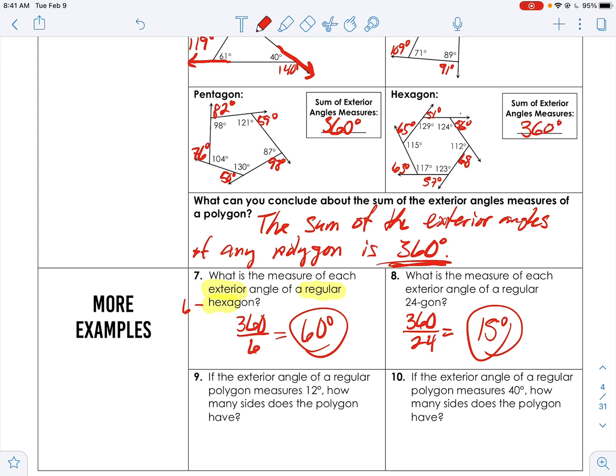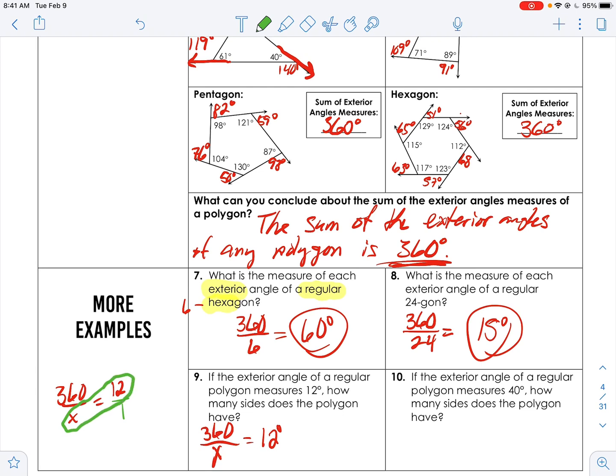If the exterior angle of a regular polygon measures 12, so if 360 divided by something equals 12 degrees, how many sides does it have? I don't know. That's the x part. Now, the fun thing about proportions: if I've got 360 over x equals 12, in proportions you can switch diagonally in one direction.